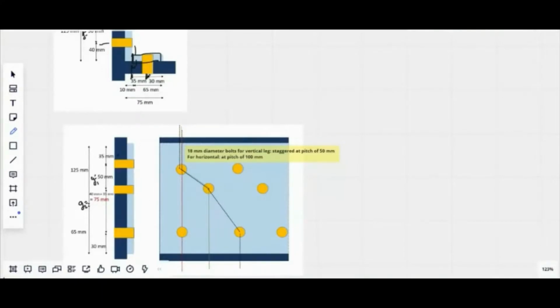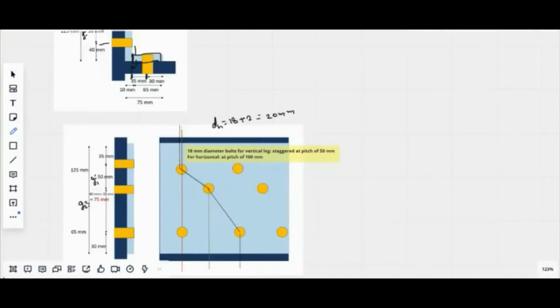From here the distance is 35, and the total distance when added comes to 75. It is also mentioned in the question that the diameter of the bolt is about 18, which gives the diameter of the bolt hole as 18 plus 2, adding the clearance, which gives us 20.